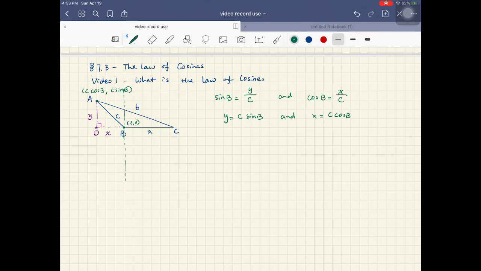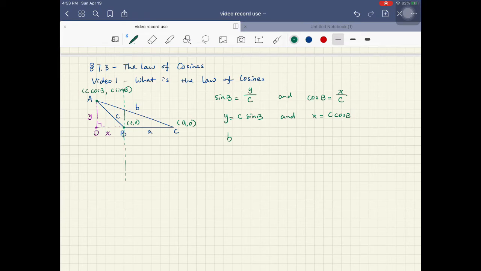Now we're going to continue using the distance formula. We know that B, or the length AC, is the distance between point A and point C. Since I already have the coordinate for A, I need the coordinate for C, which is going to be A comma 0.